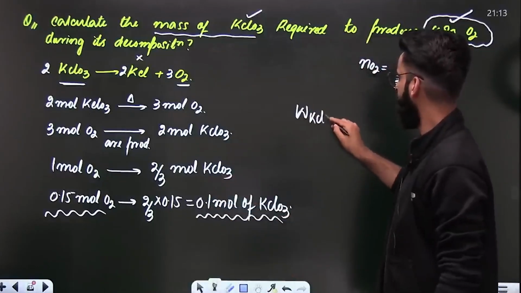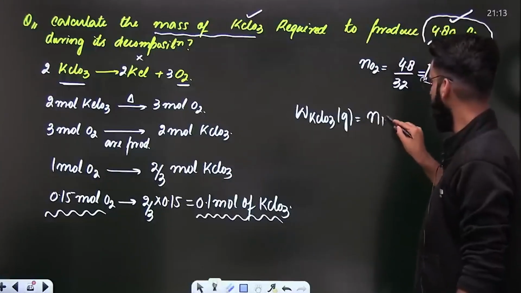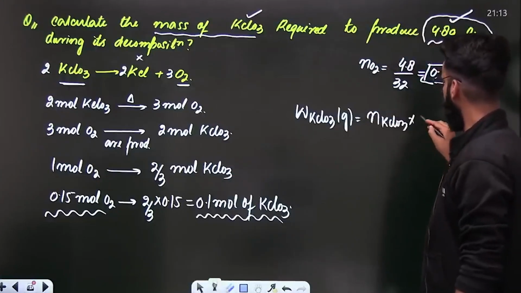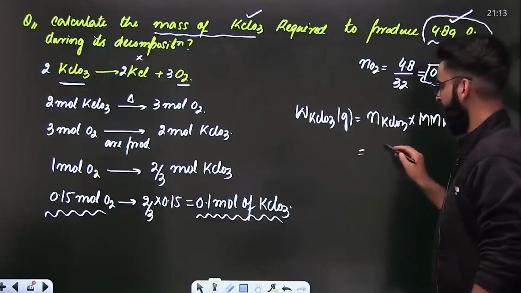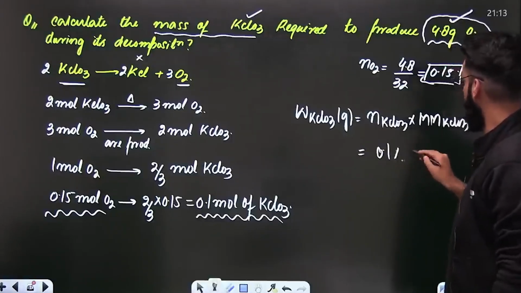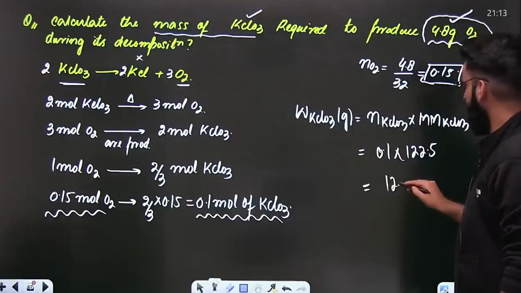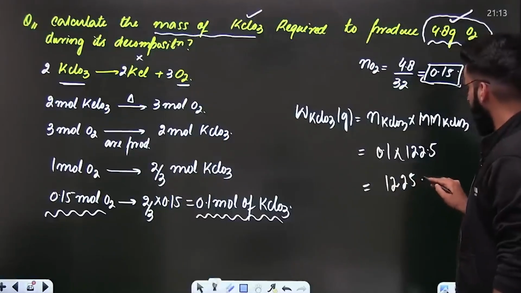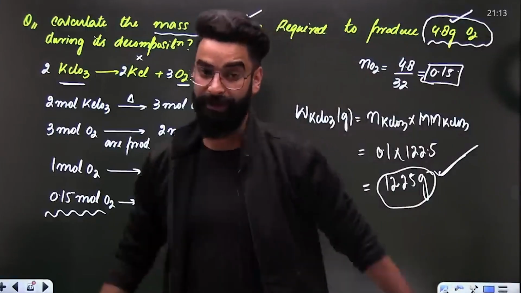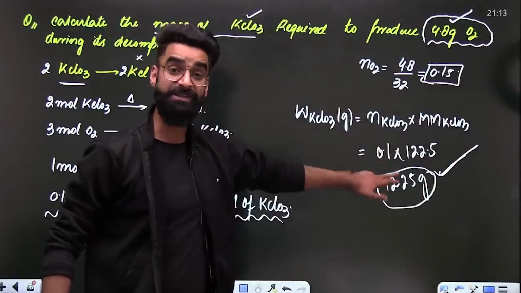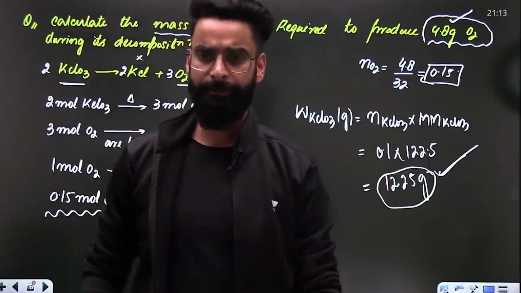No. I was supposed to calculate the mass of KClO3, which will be equal to moles of KClO3 multiplied by molar mass of KClO3. This term is 0.1, and the molar mass of KClO3 is 122.5 grams per mole. The value finally comes out to 12.25 grams. So this is basically the mass of KClO3 which is required to produce 4.8 grams of O2, right?